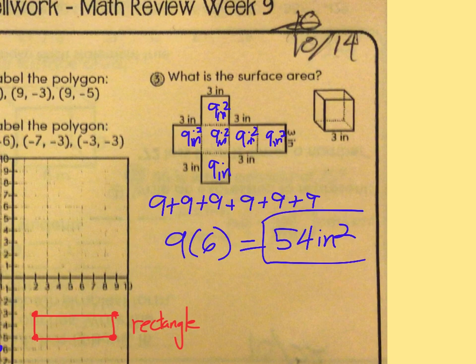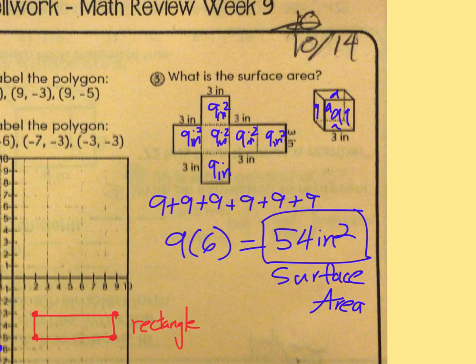That is my surface area. Surface area is the area of the surface of a 3-dimensional figure. So we're finding all of these little 9s on all the sides, and we're adding them all together.